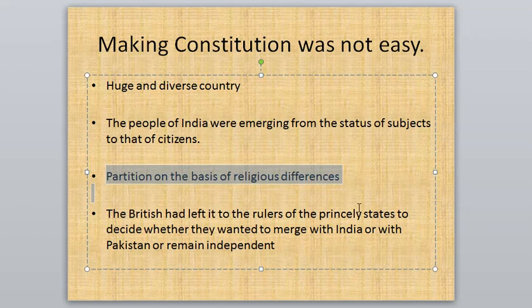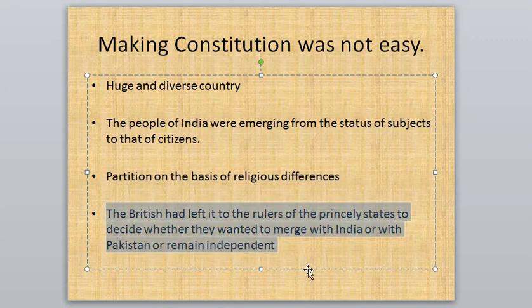And there is one more big problem during that time, which was that the British had left it to the rulers of princely states. During that time, we had more than 550 princely states in India. Princely states means states ruled by rulers, and the British gave them the choice to merge with India or with Pakistan, or remain independent.